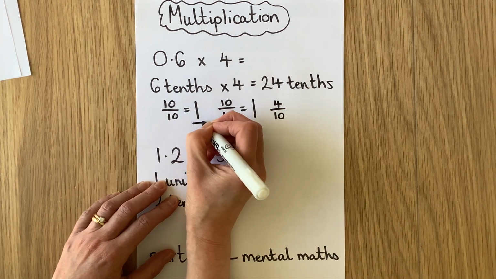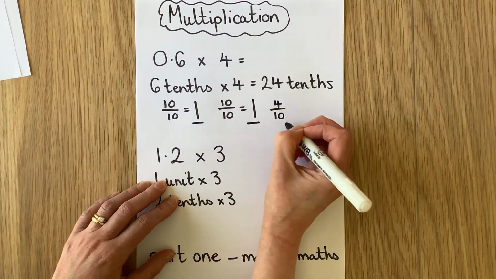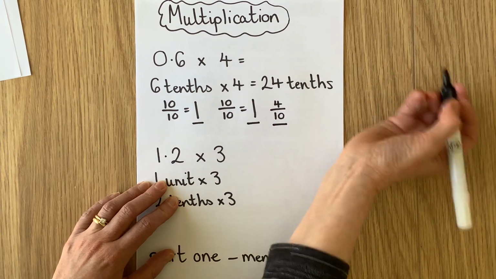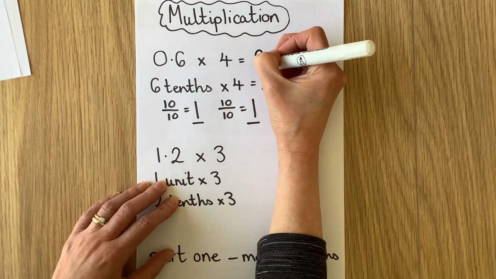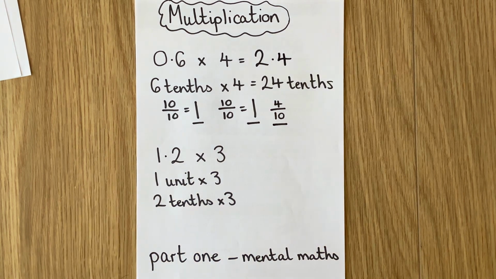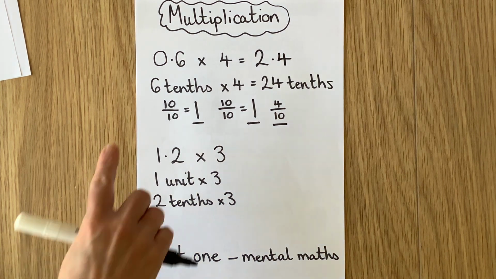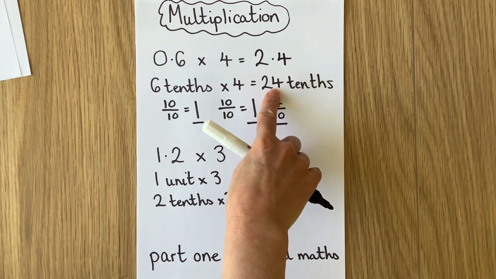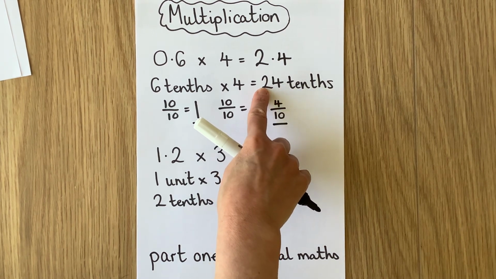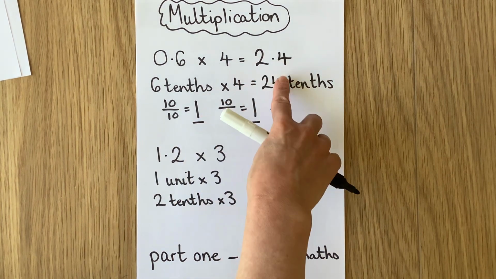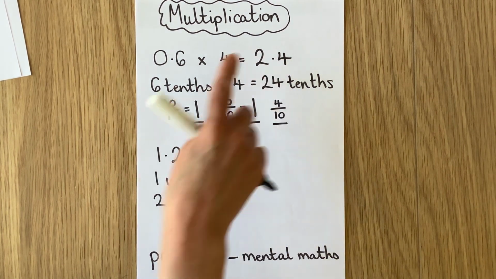So altogether that 24 tenths becomes 2 whole things and 4 tenths, 2.4. 6 tenths times 4 is 24 tenths. Take those 24 tenths, the 20 becomes 2 whole units, 2, and 4 tenths left over, 0.4.